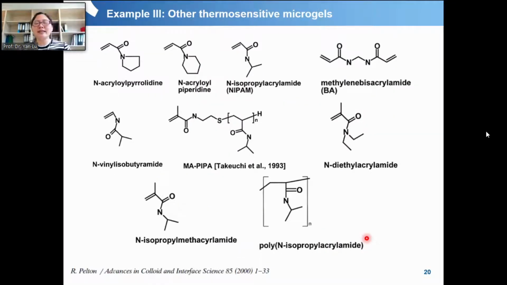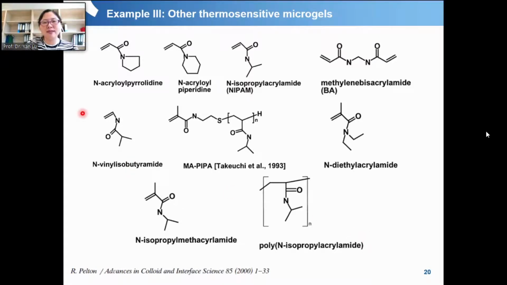So here I just give you an overview, and I introduce mainly two different microgel systems. Of course, there are different kinds of monomers that can be used to synthesize such functional, temperature sensitive polymers.